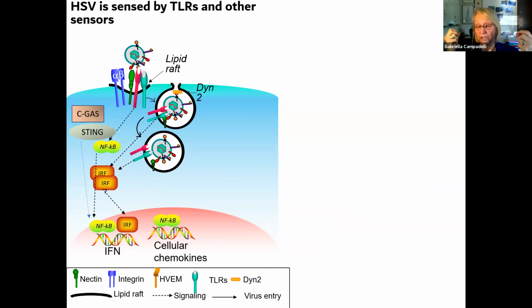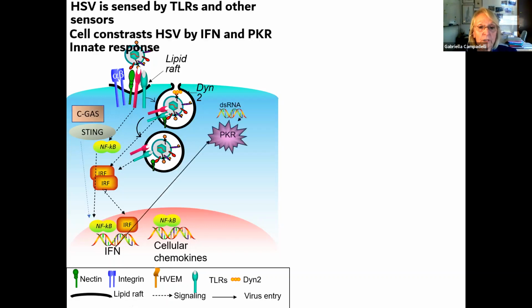Interferon is the most active response that the cell puts in place against the virus. It's an arm against the virus, but it's not only interferon. Interferon is here for simplicity, but as I will show to you, there are a number of cytokines, chemokines, other factors. So, interferon, and double-stranded RNA, will activate a protein in the cell, which is called protein kinase R. And what protein PKR does is to phosphorylate a translation factor, EIF2 alpha.